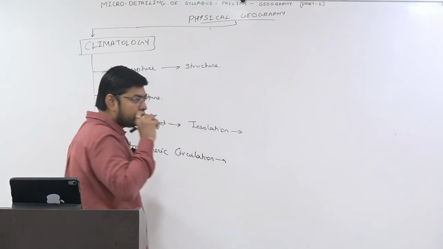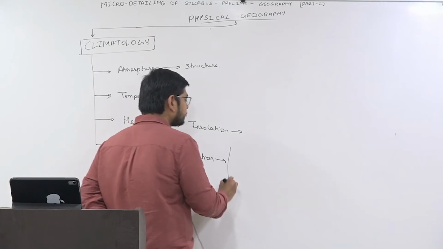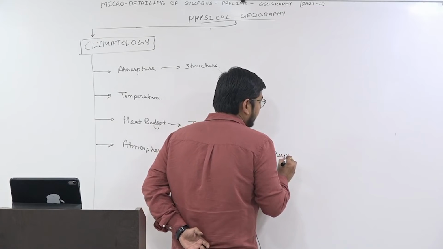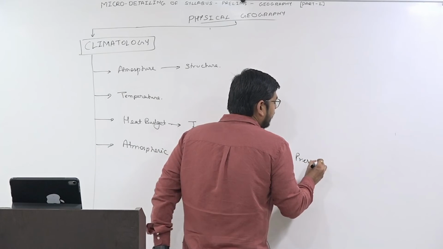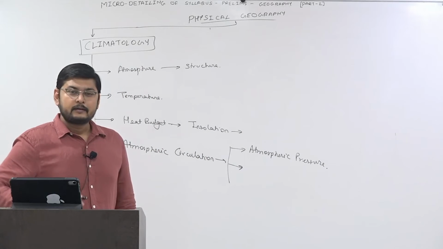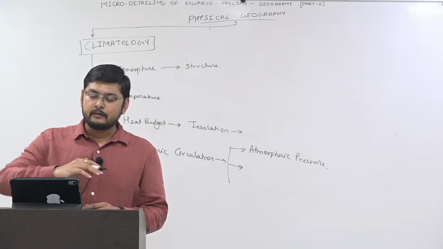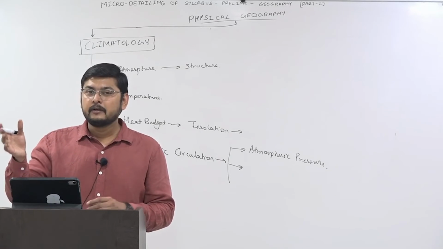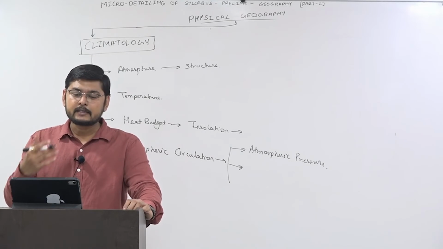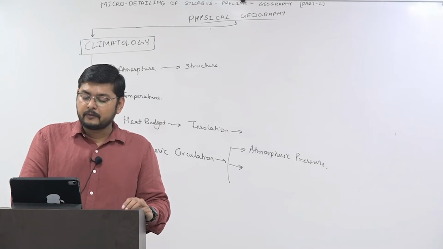In atmospheric circulation, we'll be seeing how atmospheric pressure plays an important role. Then we'll be looking at the different types of pressure zones and the variation of pressure: how the pressure is different in the equatorial region and the subtropical region, and how pressure is distributed around the world.